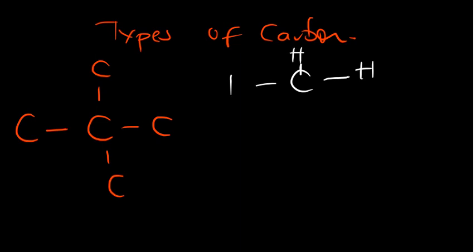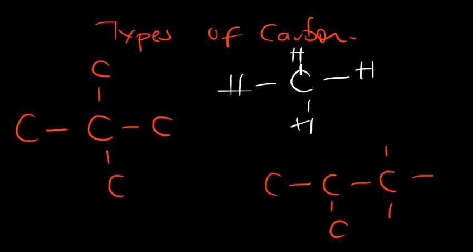There may be one in this kind of compound, so it's at the end, and the one in between connected to three different ones. This one is only connected to one carbon. This one in between is connected to 1, 2, and 3.